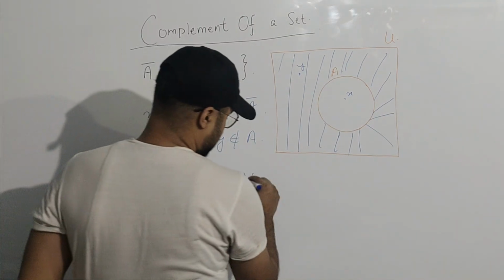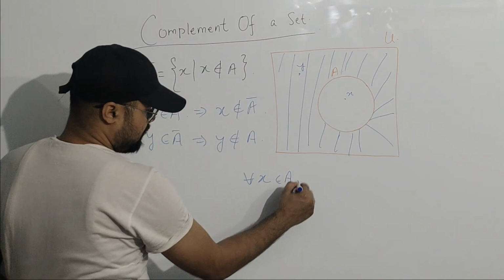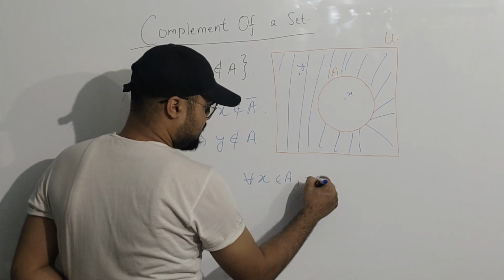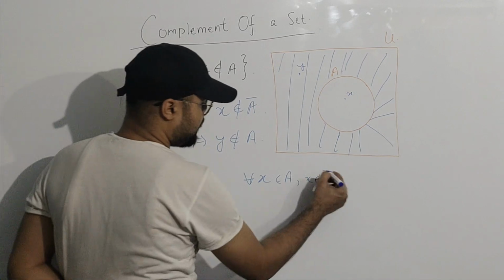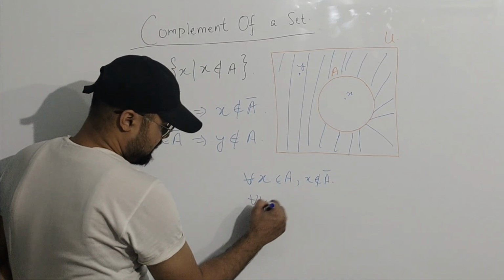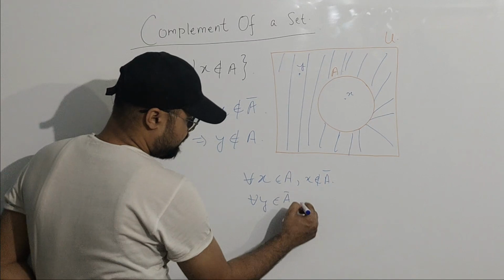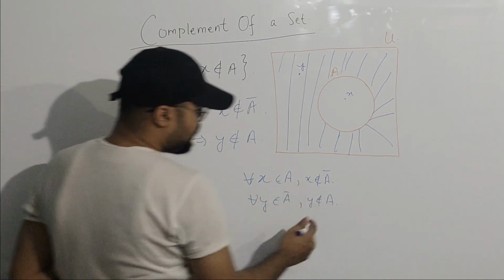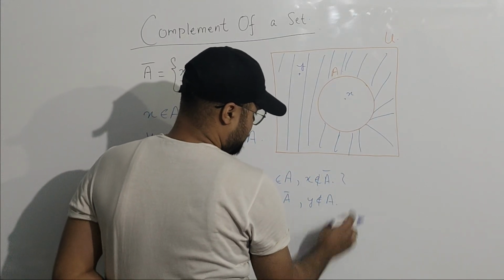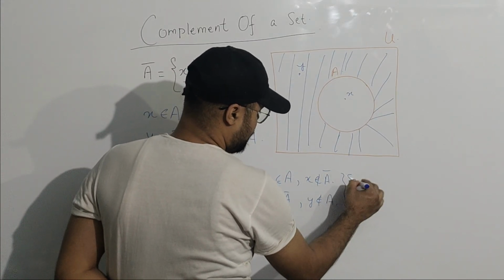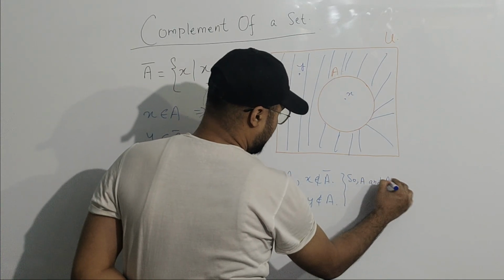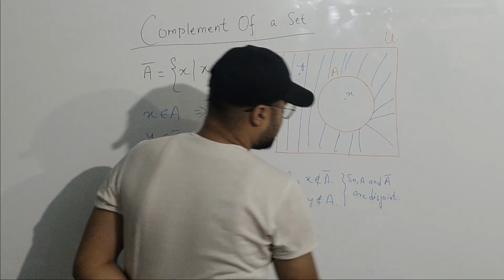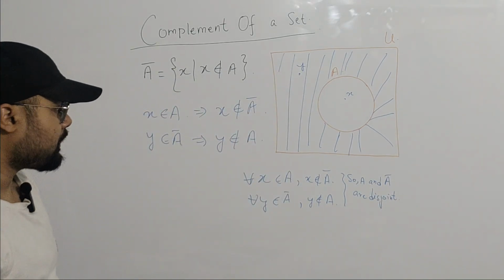For all X that belongs to A, that X does not belong to A complement. And for all Y that belongs to A complement, that Y does not belong to A. So A and A complement are disjoint.